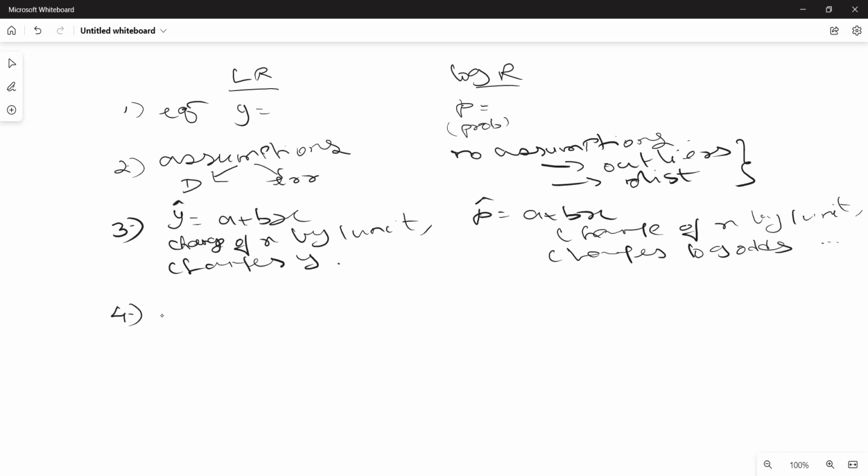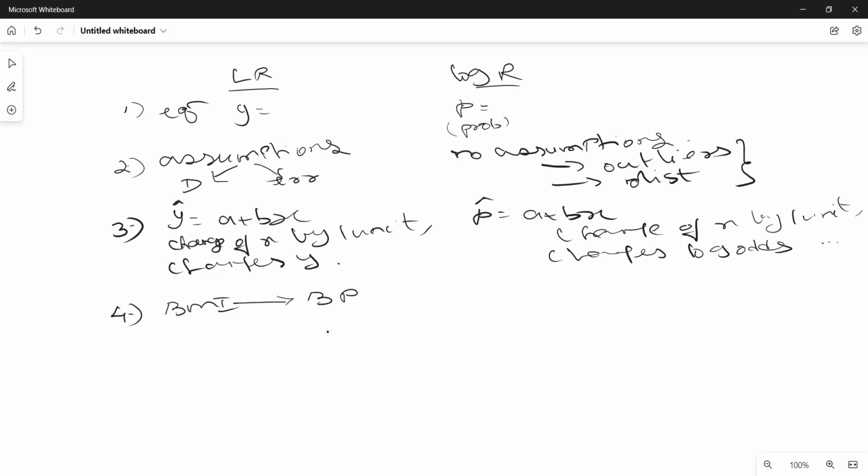The next difference is, because the y variable is a number, if I have data called BMI, the linear regression can predict, for example, a value for blood pressure.